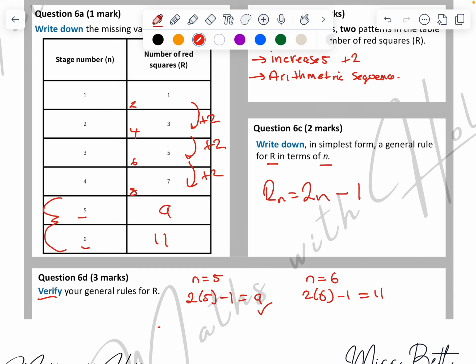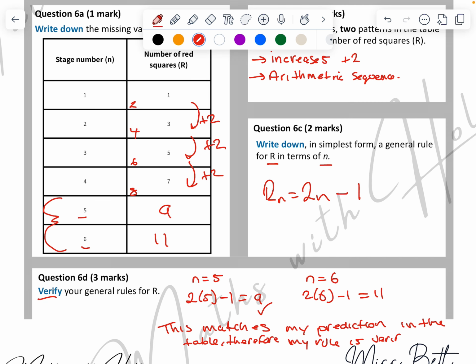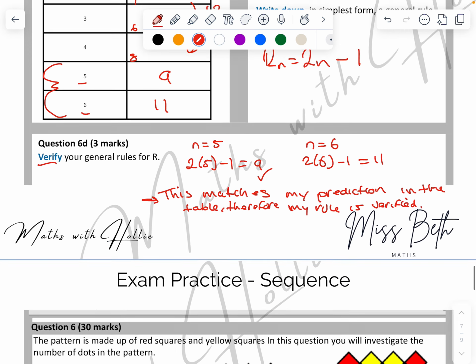Okay, and you have to say that this matches your prediction in the table, therefore, my rule is verified. Okay, you have to write that bit here to say it matches, so it verifies.